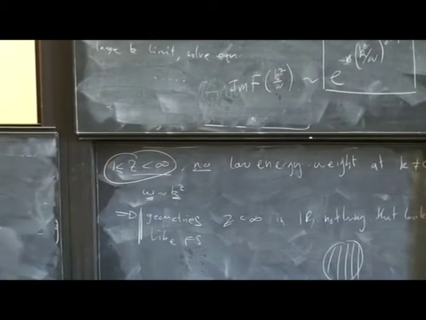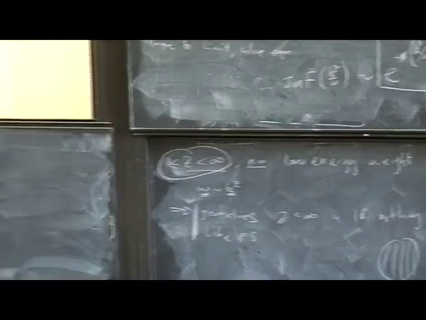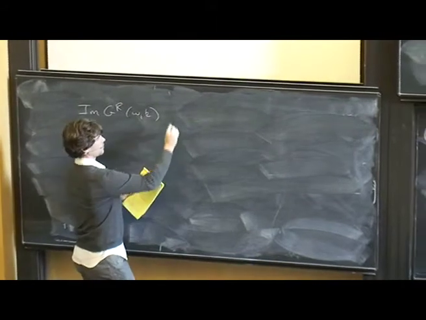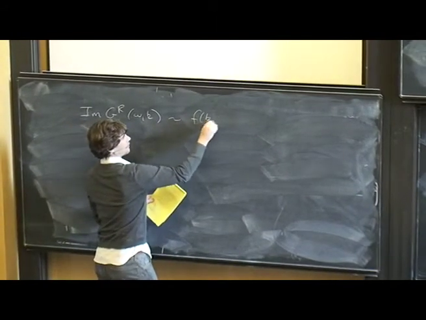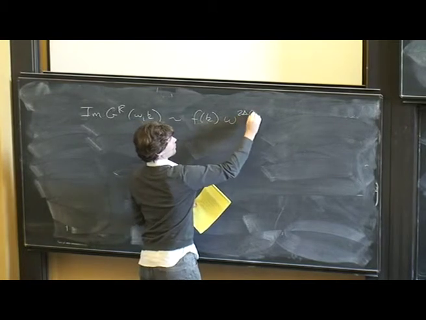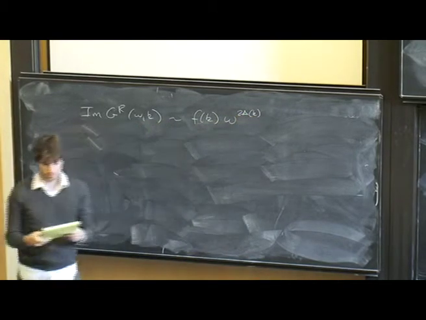So that means k is dimensionless. And so what you get, the imaginary part of the retarded Green's function in this case happens to take this form, some function of k times omega to some power that also depends on k.